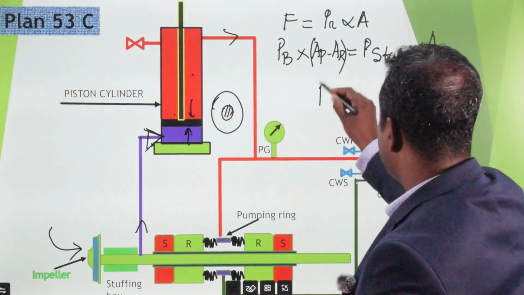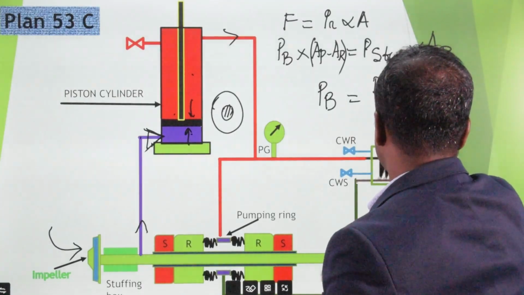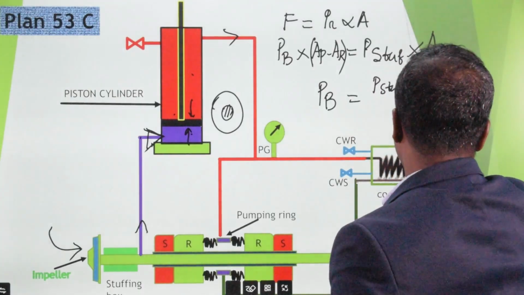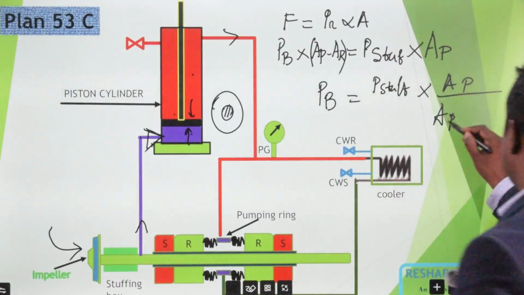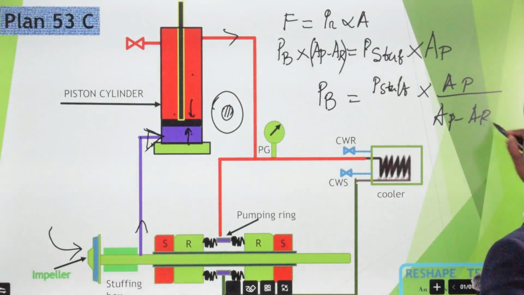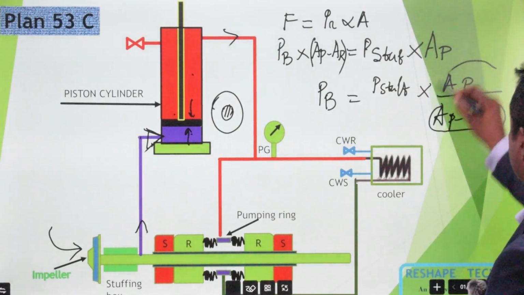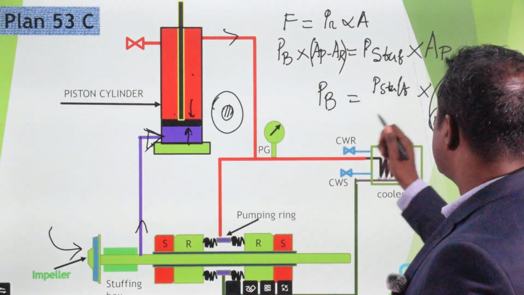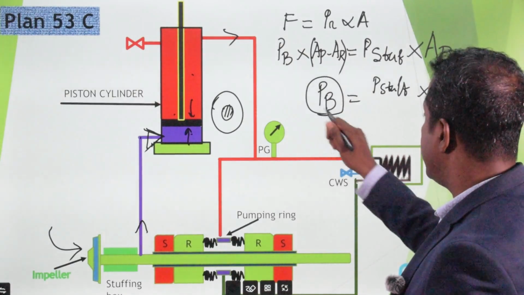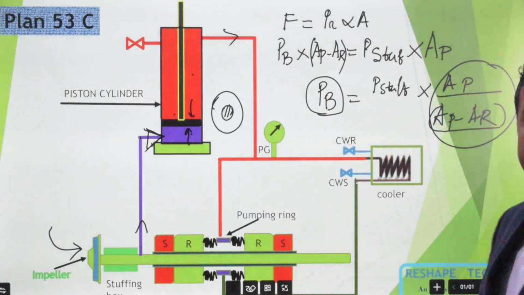Now, what is the barrier liquid pressure? PB should equal P stuffing box into AP by AP minus AR. And this ratio, AP by AP minus AR, should always be greater than 1. And how much pressure you need over the barrier liquid pressure, accordingly you should maintain this ratio.